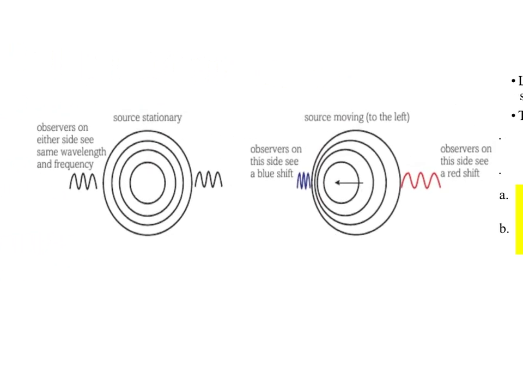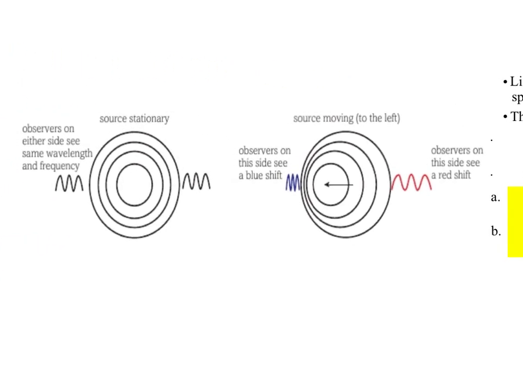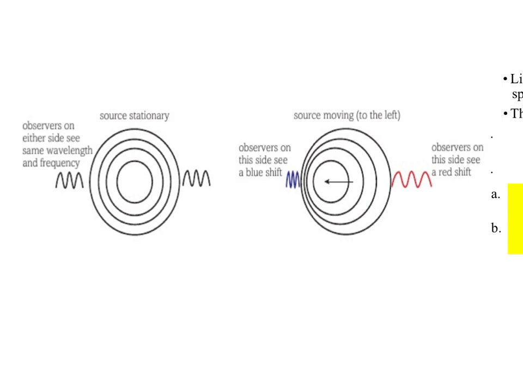Okay, so this is how it appears when no one is moving. If the source of the sound, in this case the police car, was just parked there between two people, both people will receive the sound the same way, because no one's moving. Now, if the source starts moving, in this case to the left, it appears to squash those rings.